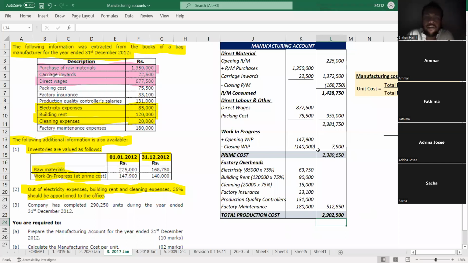Then what is the unit cost? How do you calculate the unit cost? It's very simple.